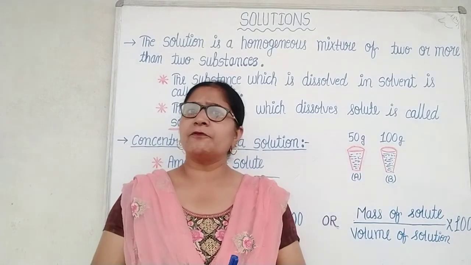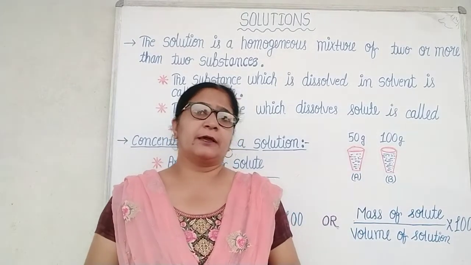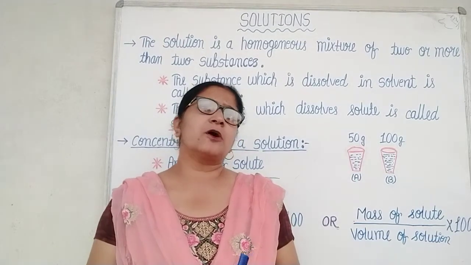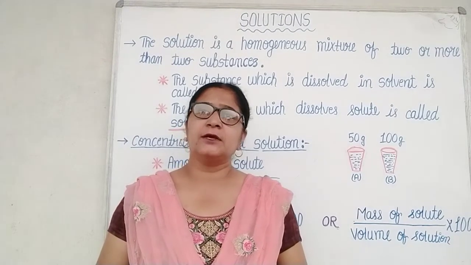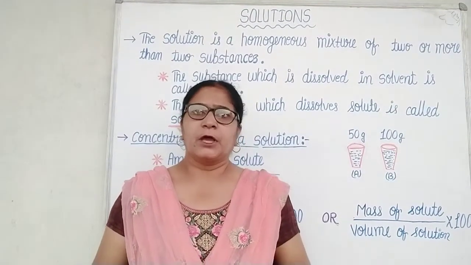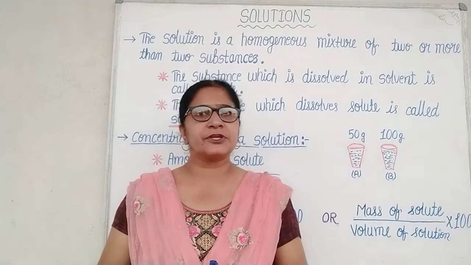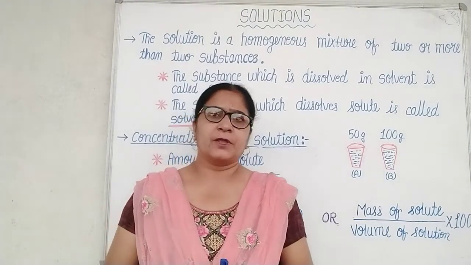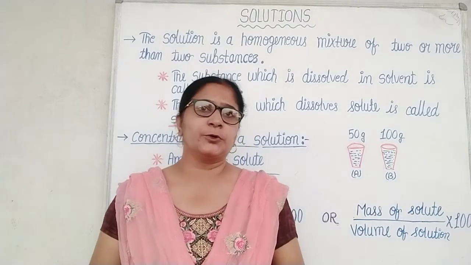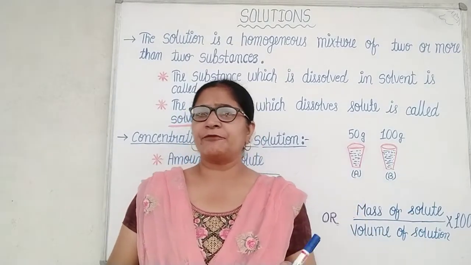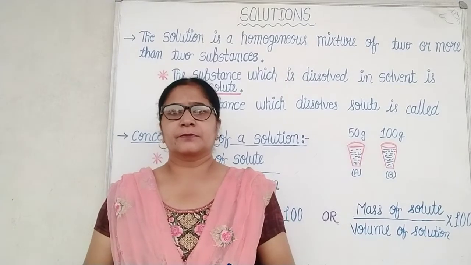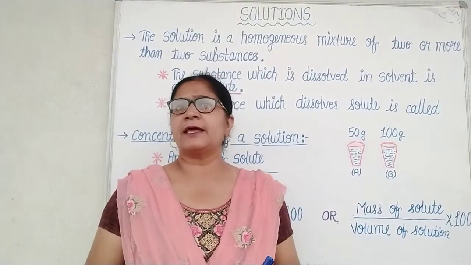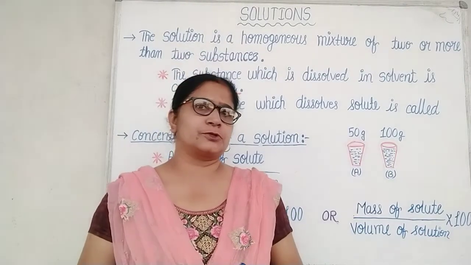Or in other words, concentration of solution means how much amount of solute is present in the solution. So, if we want to quantify the concentration of a solution, we should know its definition and the formula to be used. Its definition could be: concentration is the amount of solute present in a given amount of solution.